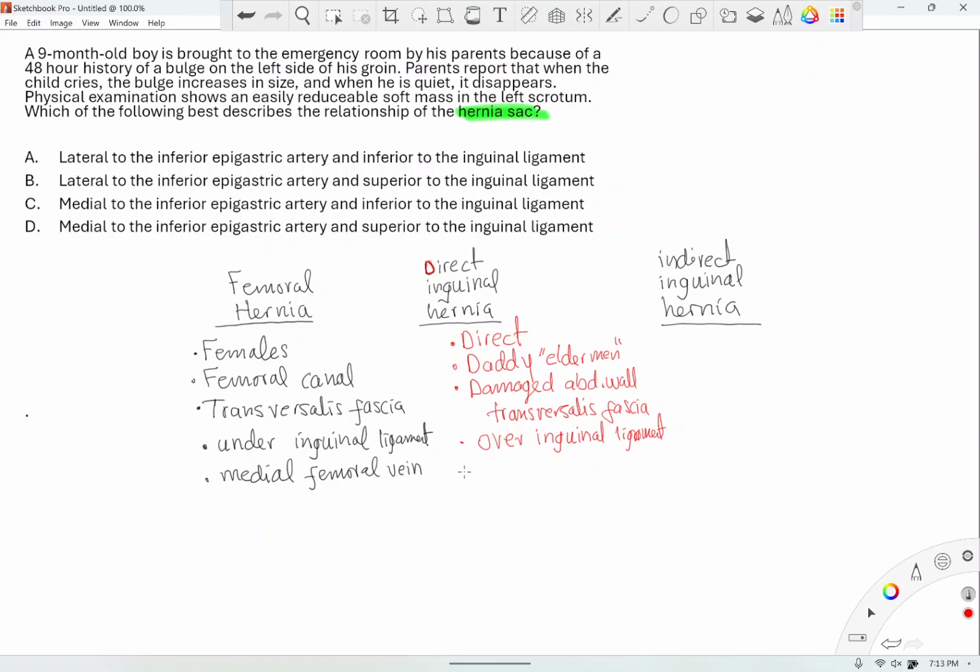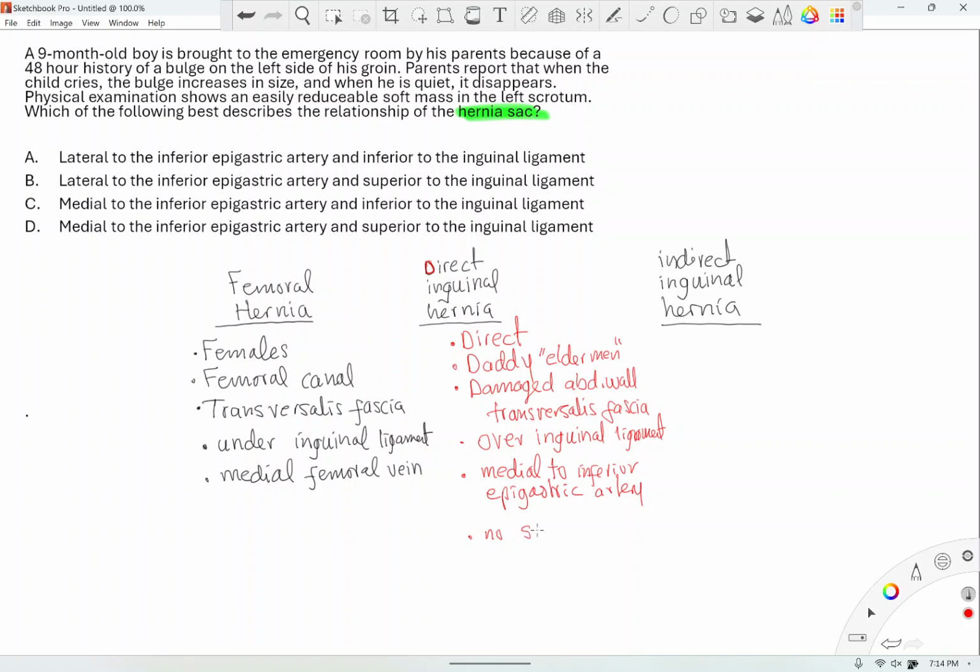It's always medial to the inferior epigastric artery. That's the direct hernia. Now it usually doesn't go into the scrotum.